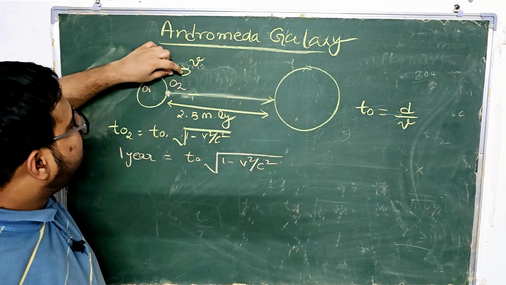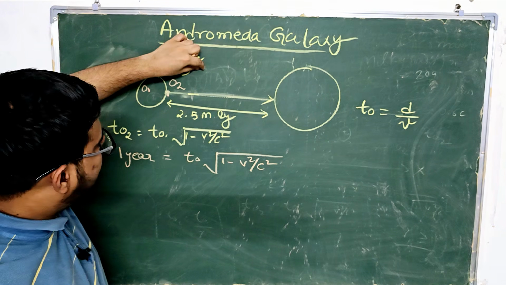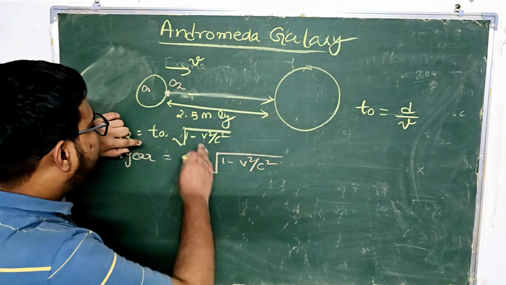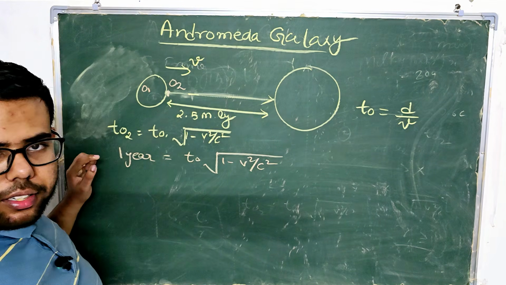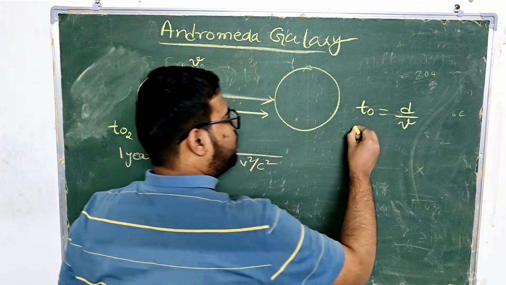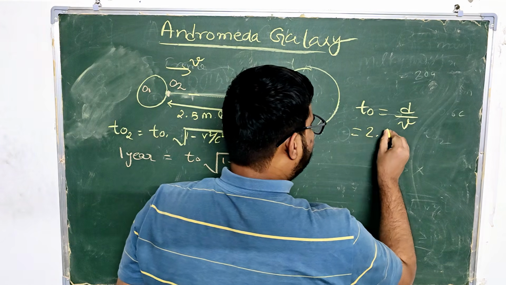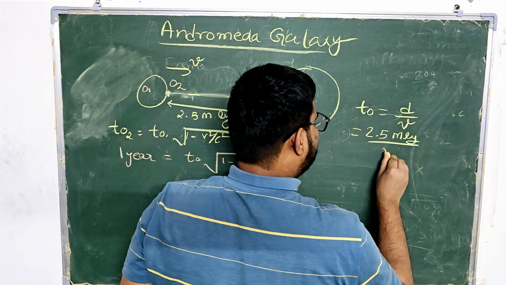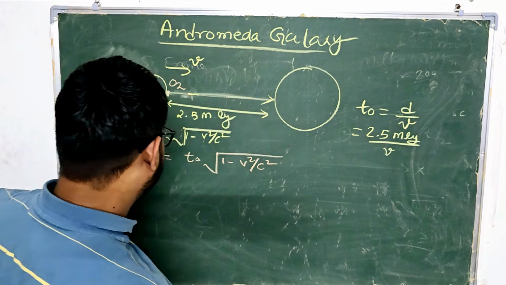this observer is moving at a constant velocity towards the Andromeda galaxy, and the distance is 2.5 million light years. Okay, so T naught is actually 2.5 million light years divided by the velocity which will be required.